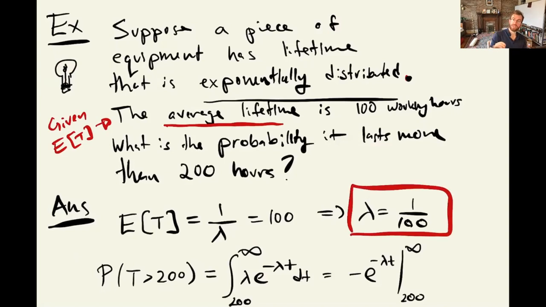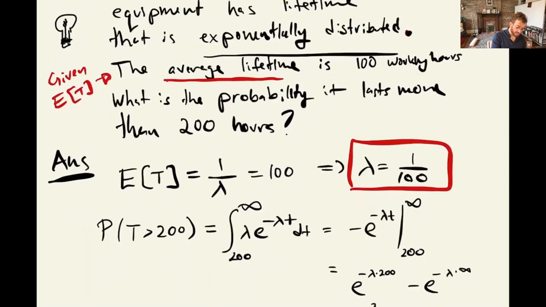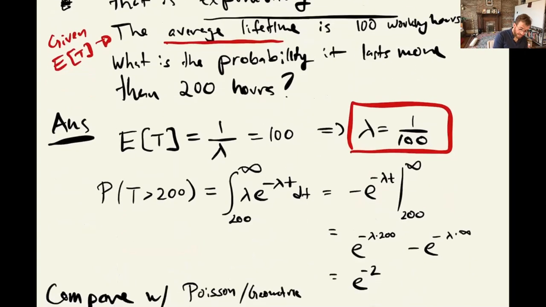But now let's look at the question again. It says, what's the probability that this light bulb lasts more than 200 hours? So again, now we're replacing sums with integrals. So the question is, what's the probability that T is greater than 200? Well, what I need to do is just integrate my PDF. Again, I can think of the graph of my PDF.